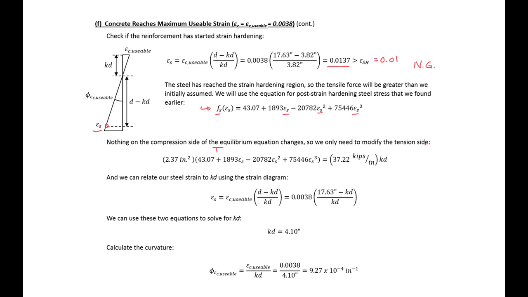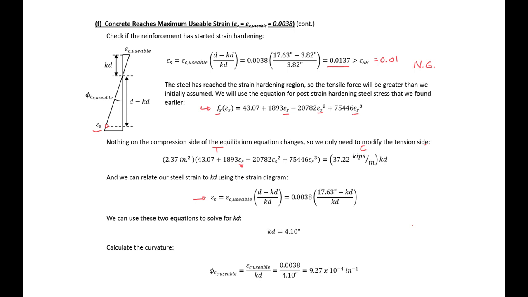Nothing changed on our compression side, so we can still use the same compression component that we had on the previous slide. We need to relate our epsilon s to kd so that kd is our only variable, and we can do that using our strain diagram again.